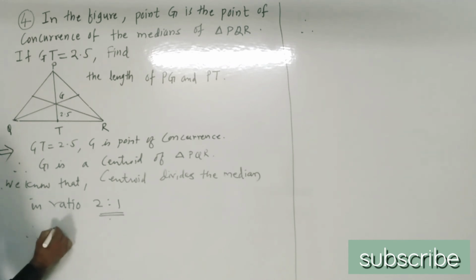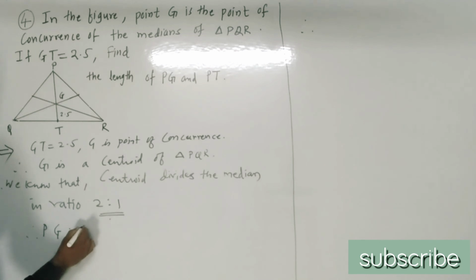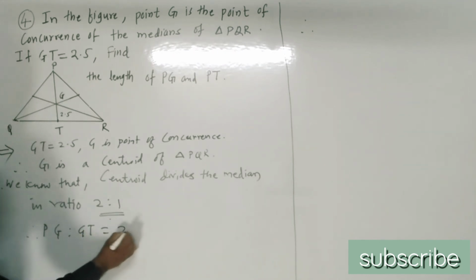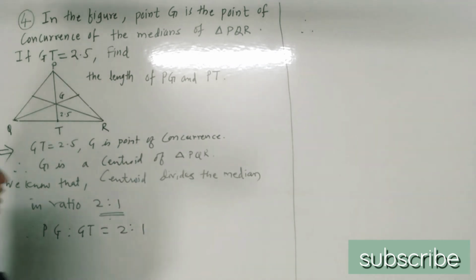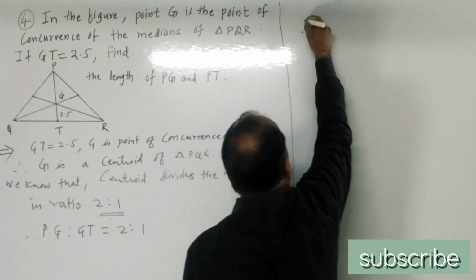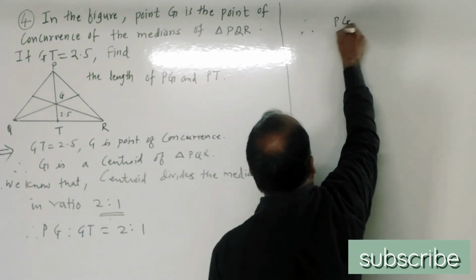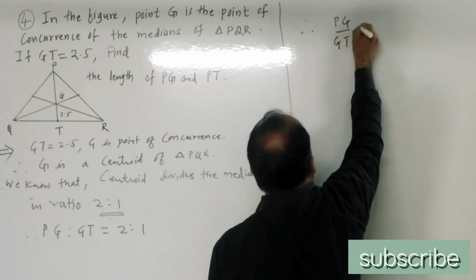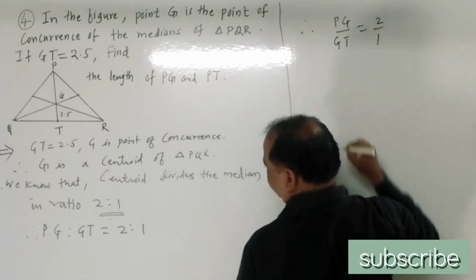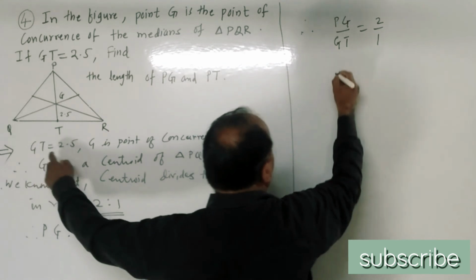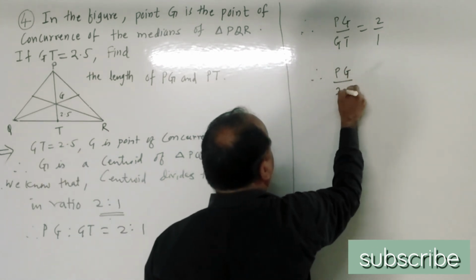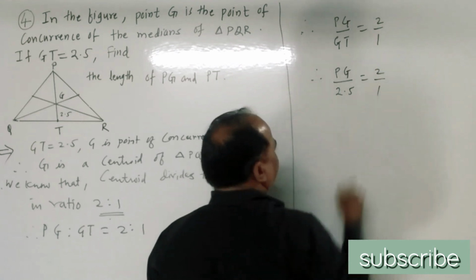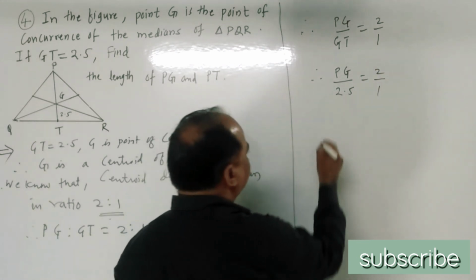Therefore, PG to GT is 2:1. So PG upon GT is equal to 2/1. GT is given as 2.5. Therefore, PG upon 2.5 is equal to 2/1.